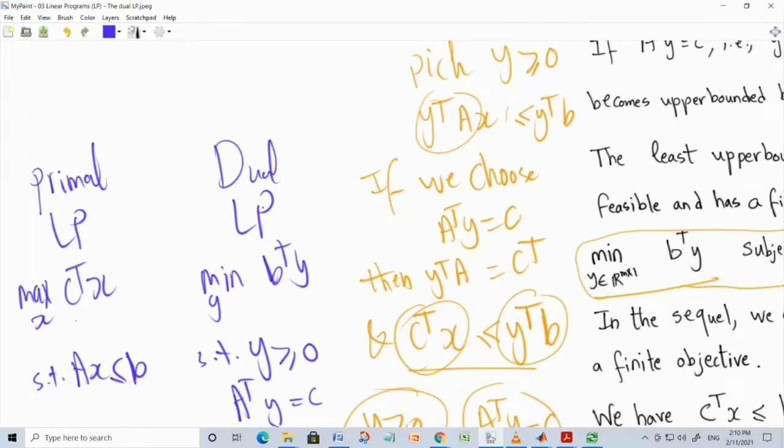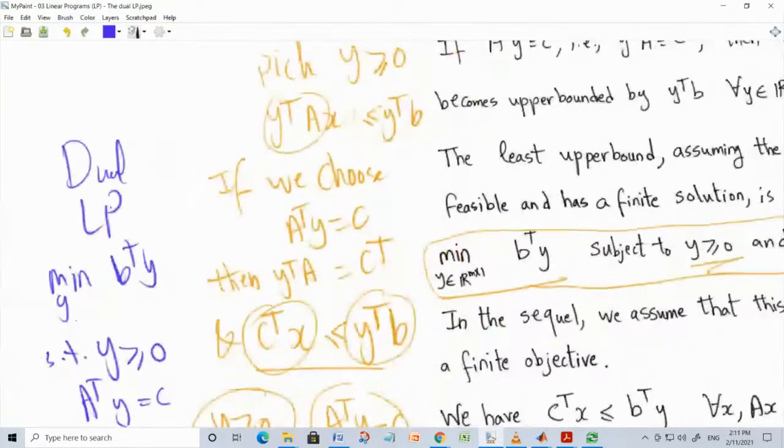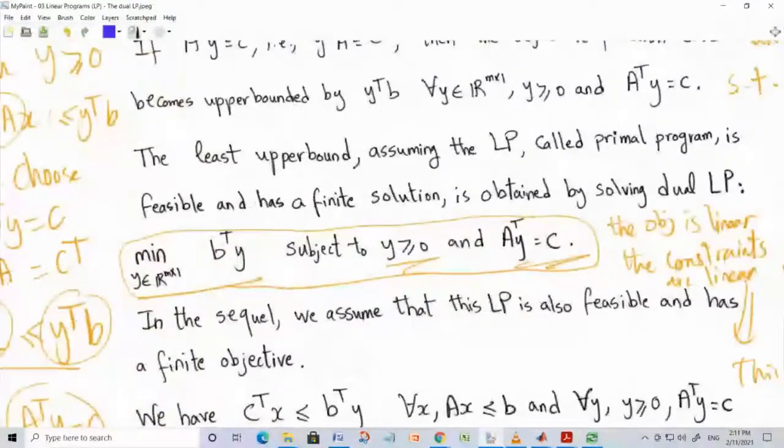So you start with a linear program, you play this game, and you get another linear program. It turns out that these two linear programs are very related to one another. Let's assume that both optimization problems are feasible and have a finite objective, because an optimization problem may be infeasible.